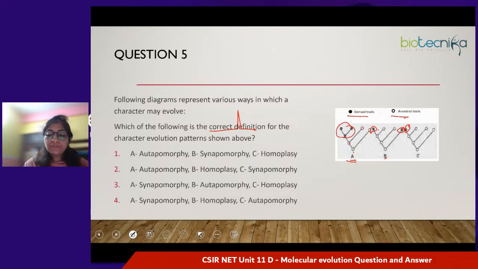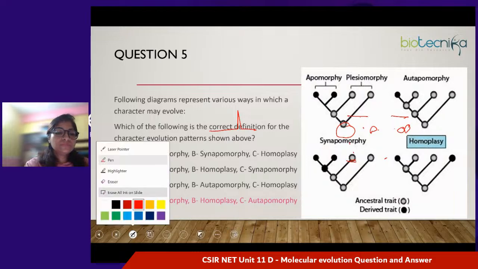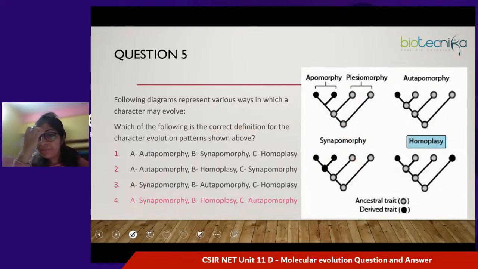Yes, absolutely right, all the students. So A will be synapomorphy because it is shared: the common ancestor plus both of its descendants have it, so it is called synapomorphy, shared derived characters.